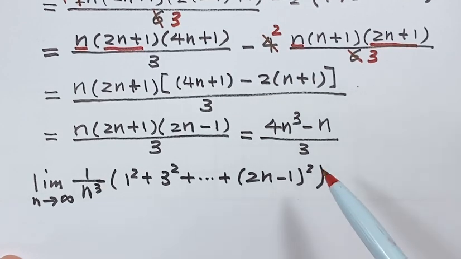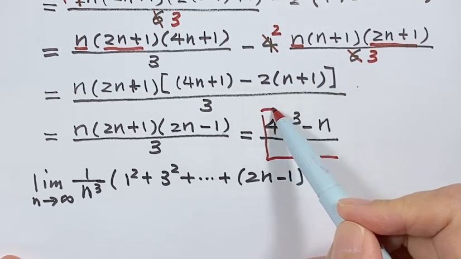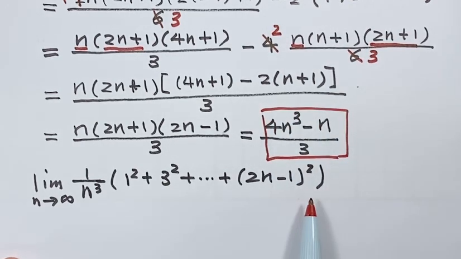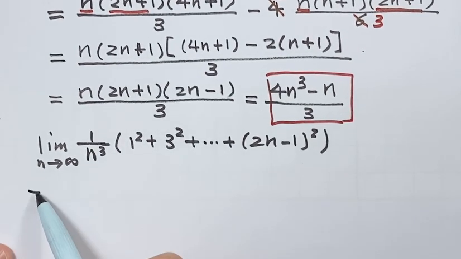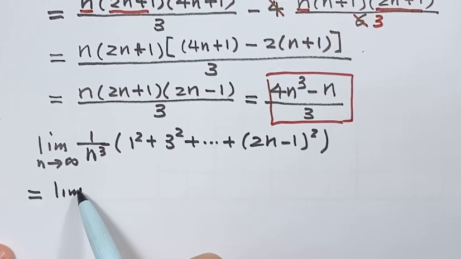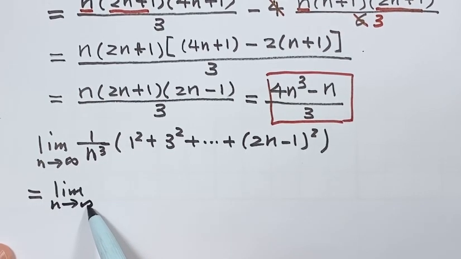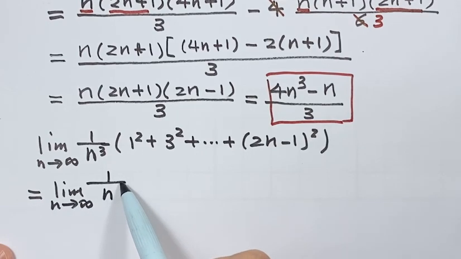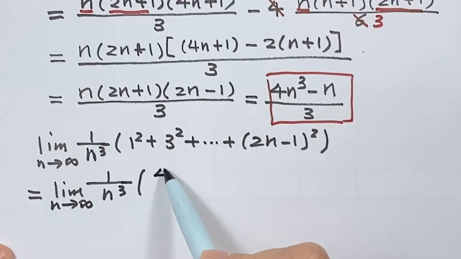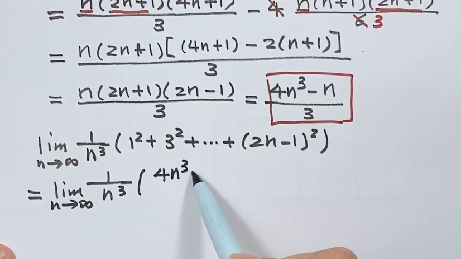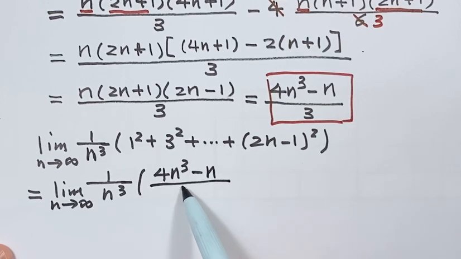Now we use this simplified expression to replace the sum. So we have the limit as n approaches infinity of 1 over n to the third times (4n to the third minus n, divided by 3). Then distribute the 1 over n to the third to the expression.